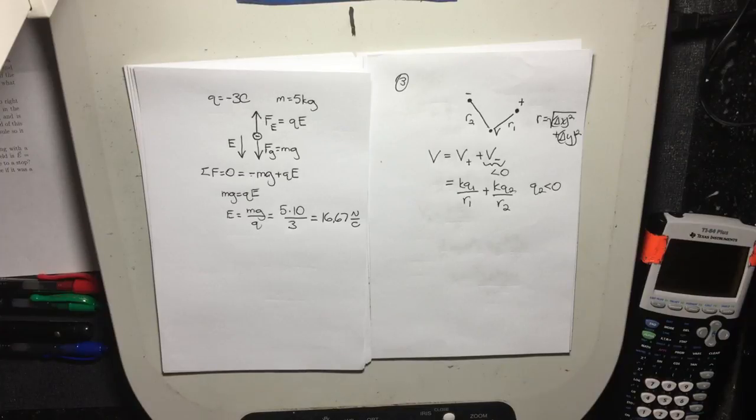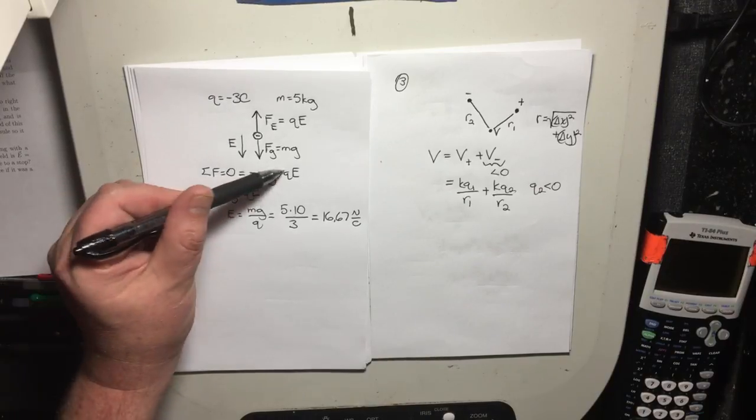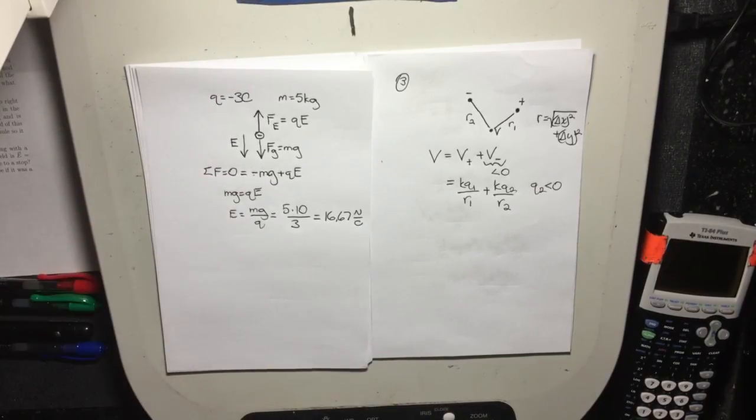So when I sum forces, I like to keep my signs out front. The force from electricity is up, so it has to be positive. The force from gravity is down, so it has to be negative. And then I let those signs rule. Everything else deals with magnitude only.